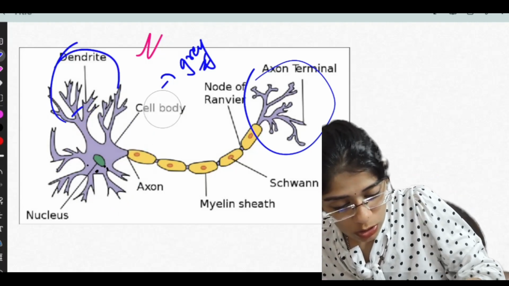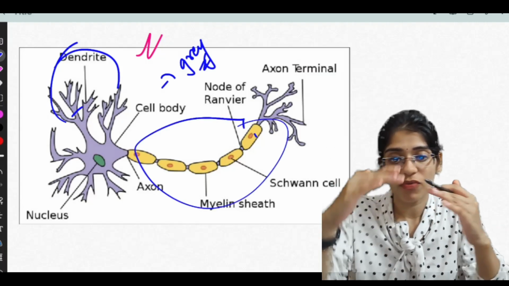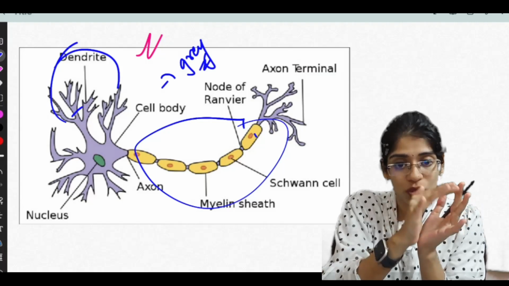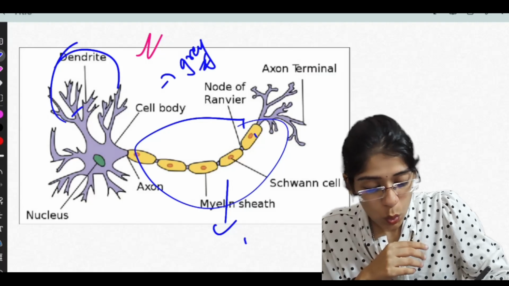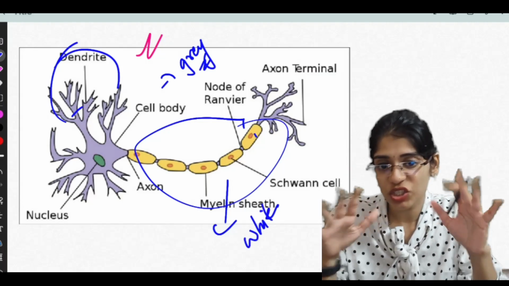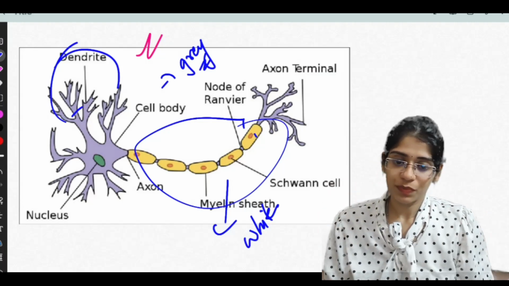When in a part of the brain or spinal cord the axons of many neurons are placed together, that part looks white in color, whitish yellow in color. That is why that part is called white matter. Understood?